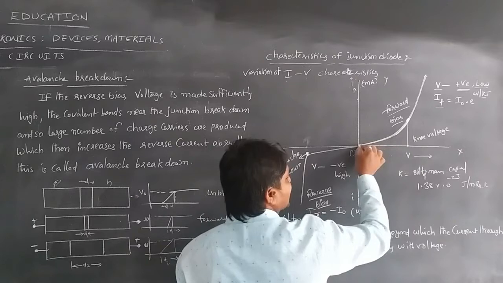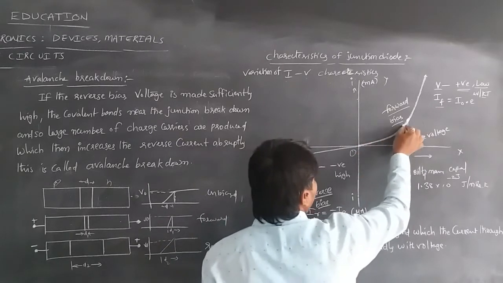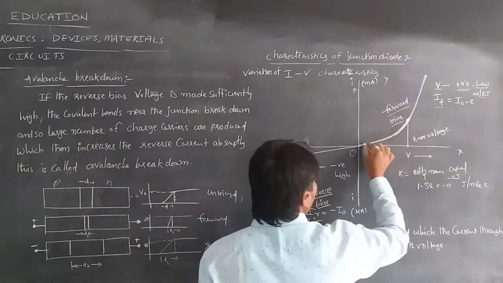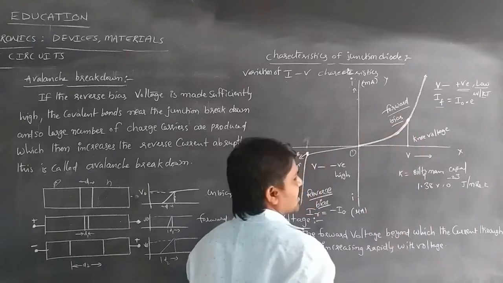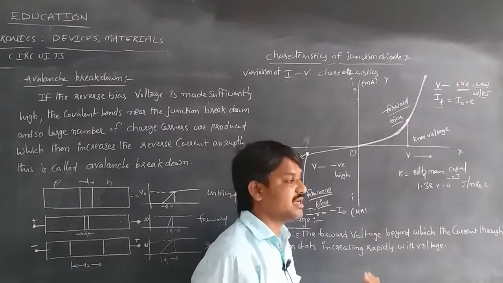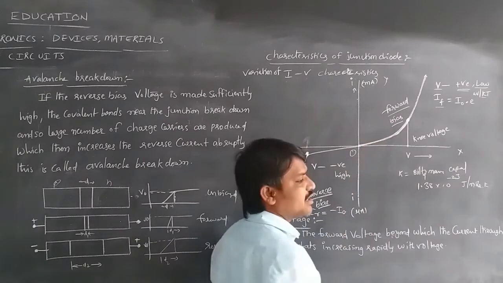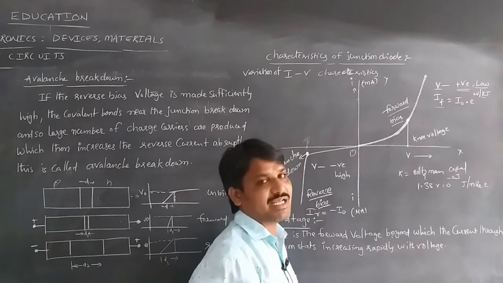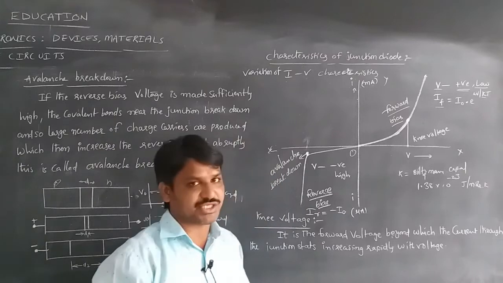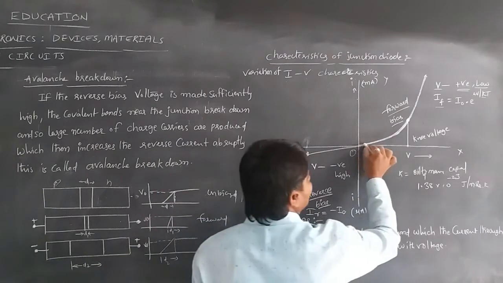It moves with the voltage, but even beyond the knee voltage it is not linear and does not simply increase with the voltage. So that's why this is not linear.